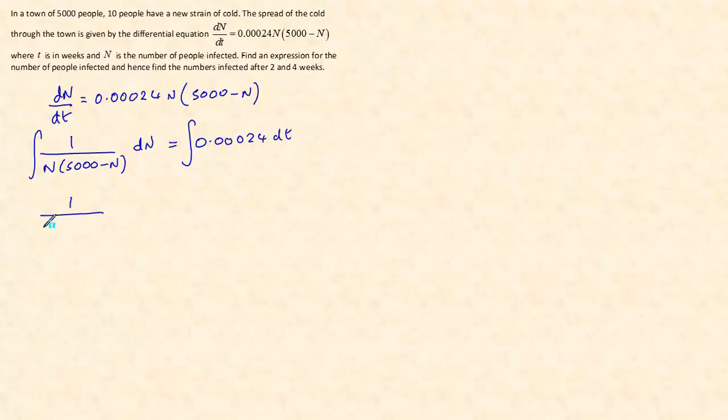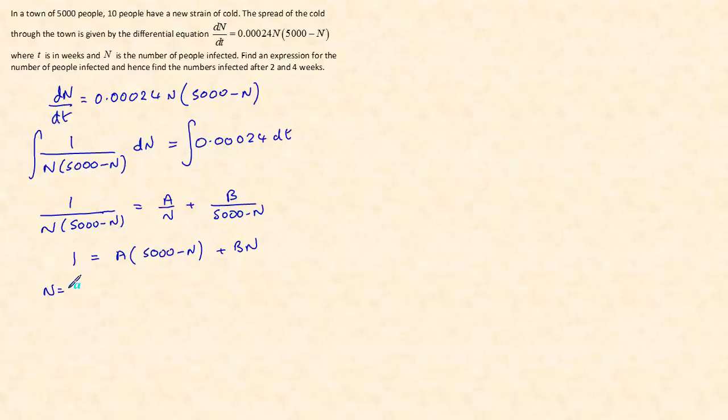So 1 over n(5,000 − n) is going to be A over n plus B over (5,000 − n). Clearing fractions, 1 is going to be equal to A(5,000 − n) plus Bn.